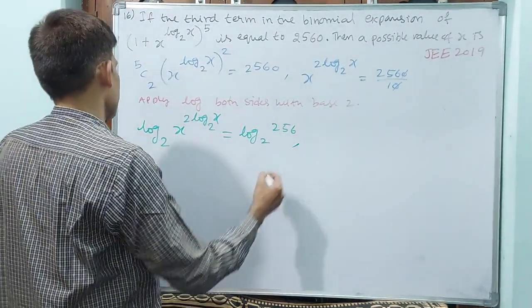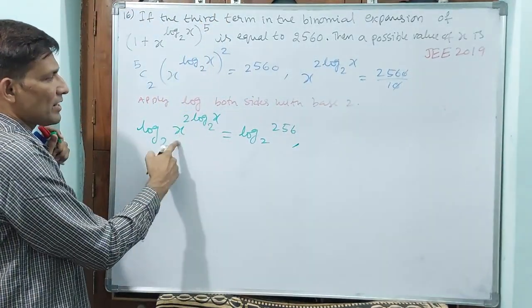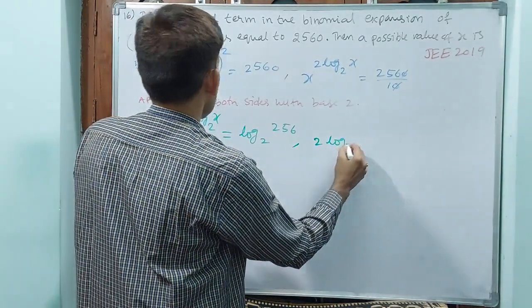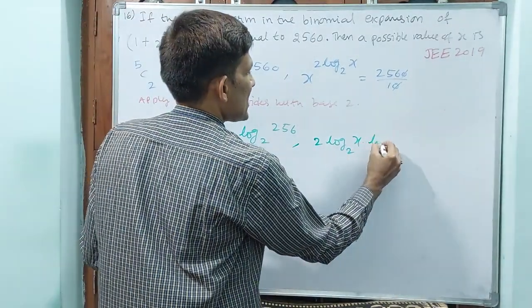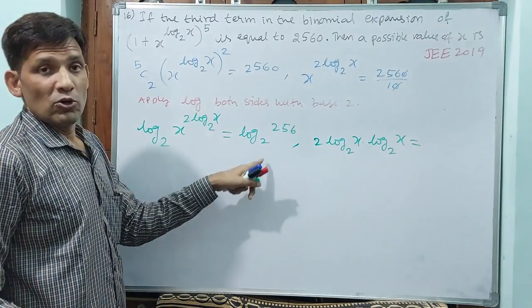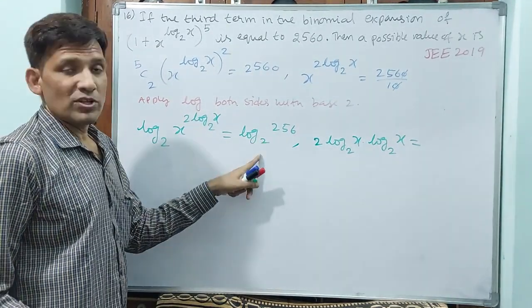Write down here. This also you see log m power n, n log m, write down 2 log x to the base 2 into again log x to the base 2, that is equal to, but this is 2 power 8 is 256, means log 256 to the base 2 means 8.